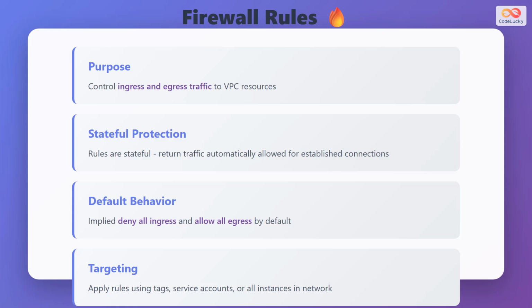By default, Google Cloud implements an implied deny all ingress rule and an allow all egress rule. This means all incoming traffic is blocked unless you explicitly allow it, while outgoing traffic is permitted by default. You can target firewall rules to specific instances using tags, service accounts, or apply them to all instances in the network.